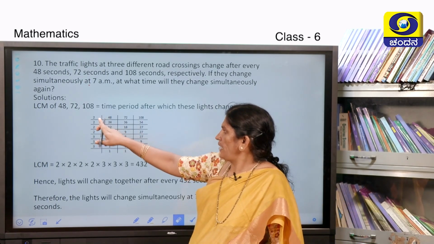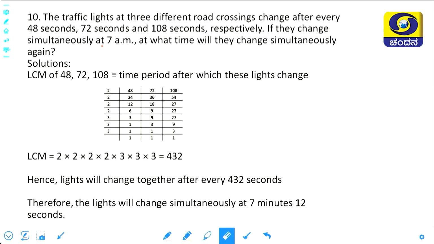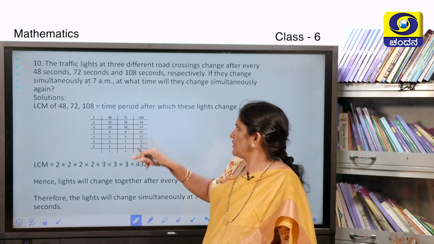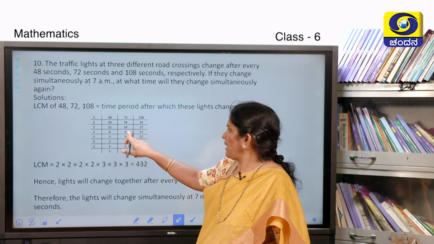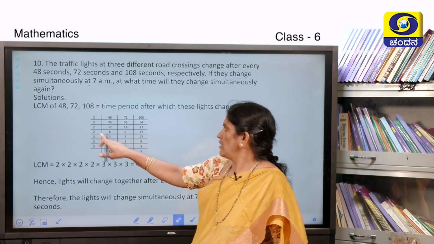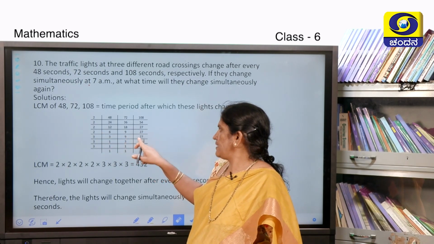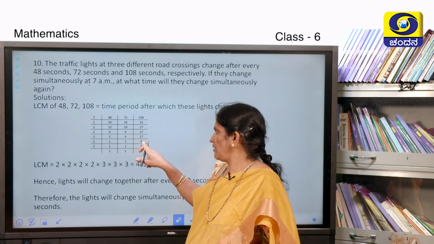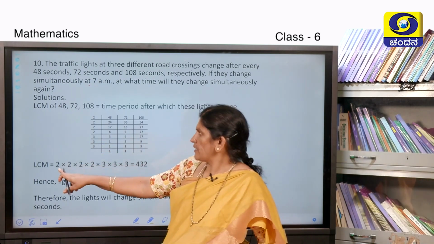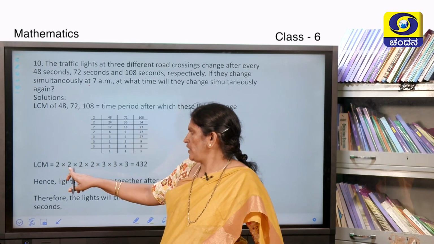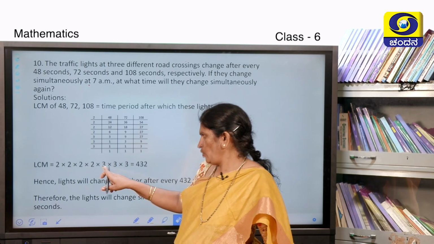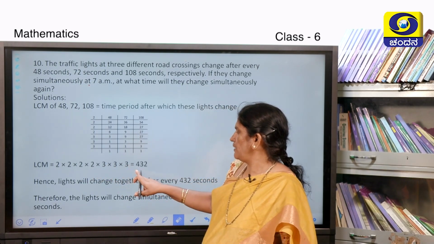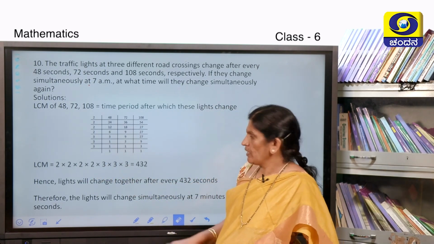For 48, 72 and 108, 2 24s are 48, 2 36s are 72, 2 54s are 108, again 2 12s are 24, 2 18s are 36, 2 27s are 54, 2 6s are 12, 2 9s are 18, 27 as it is, 2 3s are 6, 3 9 as it is, 27 as it is, 3 1s are 3, 3 3s are 9, 3 9s are 27. So, the prime factors of these numbers are 2 into 2 into 2 into 2 into 3 into 3 into 3, that is 432.